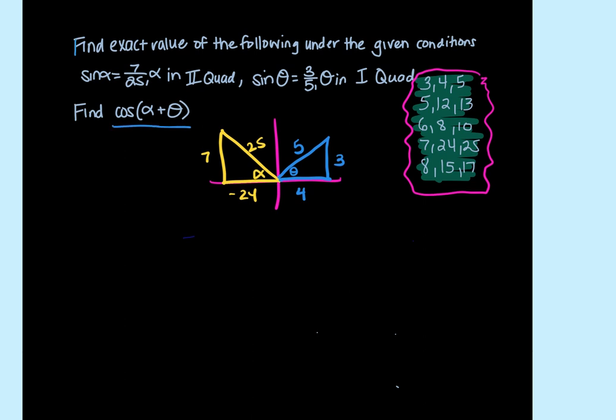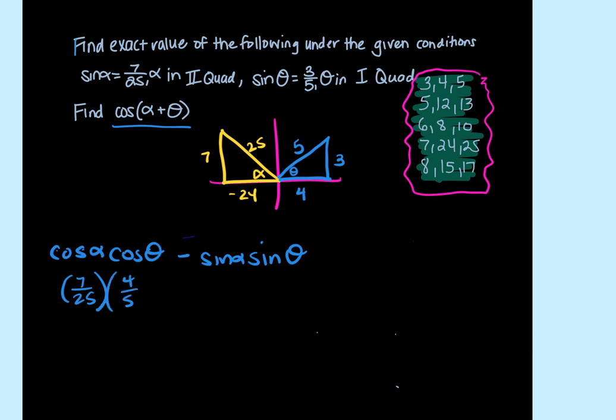Now it could say any of the 3 trig functions. This time it says cosine. So the pattern is cosine, cosine, change your sign, sine, sine. Cosine of alpha is 7 over 25. Cosine of theta is 4 over 5. Nope, sorry, cosine of alpha is not 7. Cosine is negative 24 over 25.